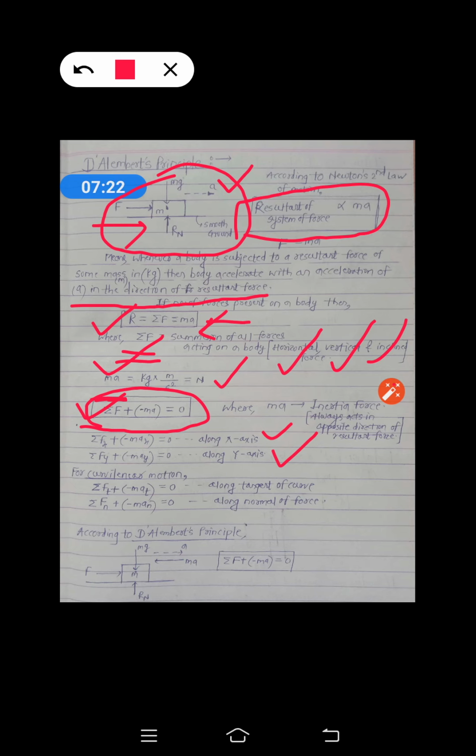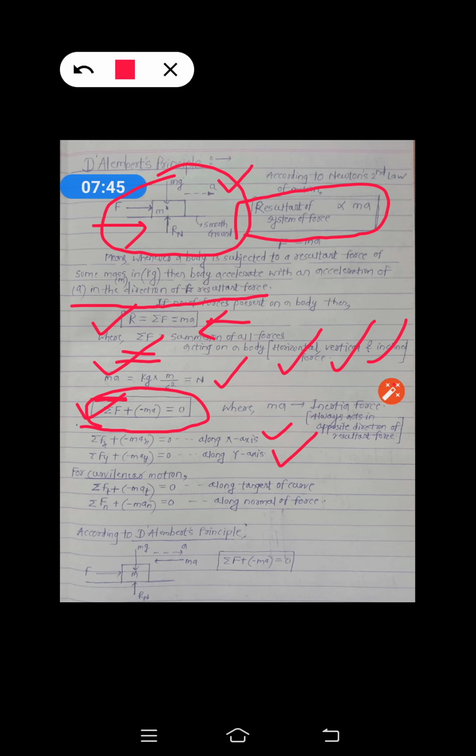But here one question arises: why don't we take m suffix x, or mass in the x direction? Because we know mass is a scalar quantity, meaning mass has only magnitude, not direction.